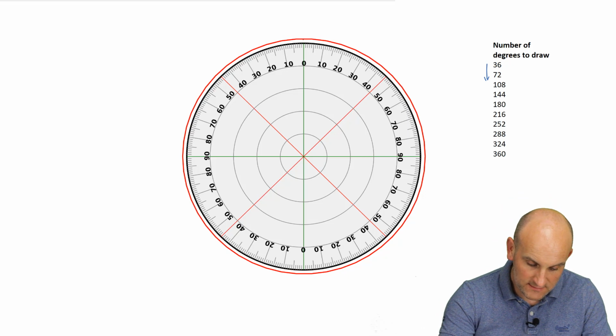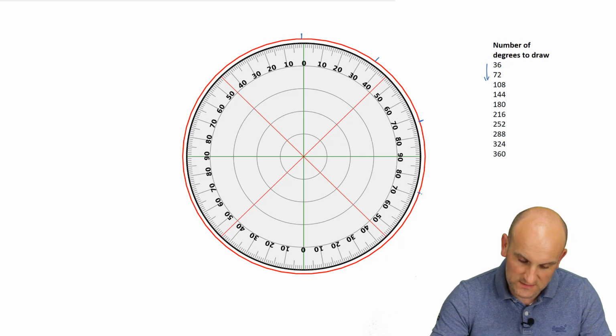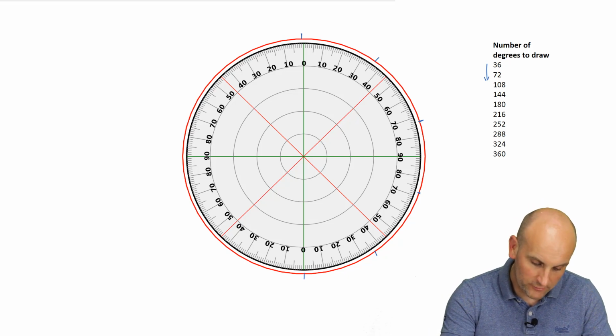So first things first, there is a mark at 0. Here is a mark at 36. I'm going to do another mark at 72. I'm going to do a mark at 108, which is roughly speaking here, 144. And 180, and then likewise going the other way around using this rather random protractor.